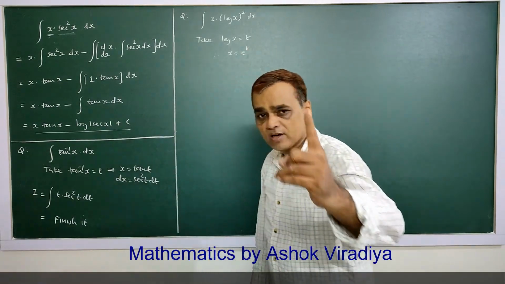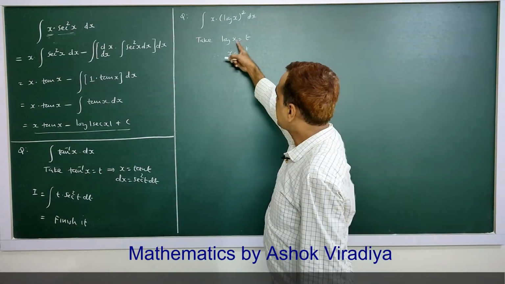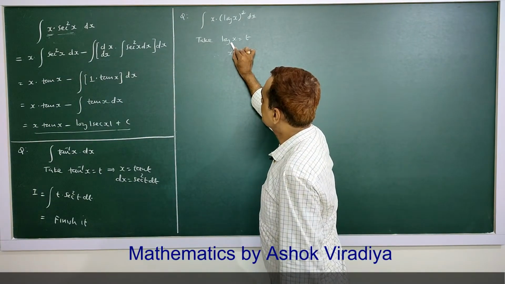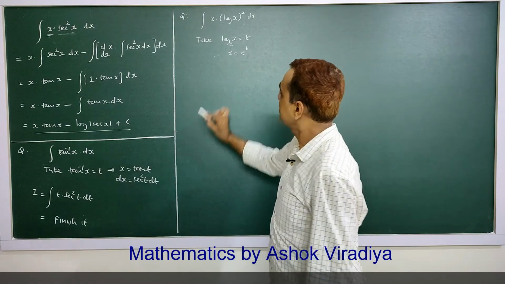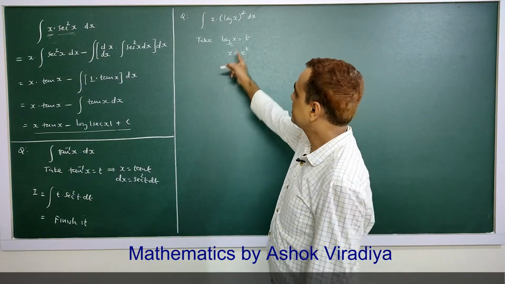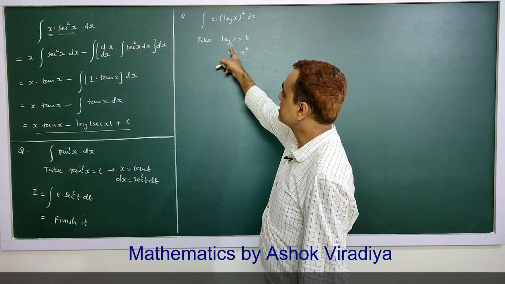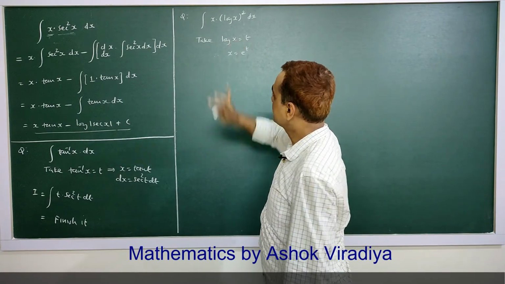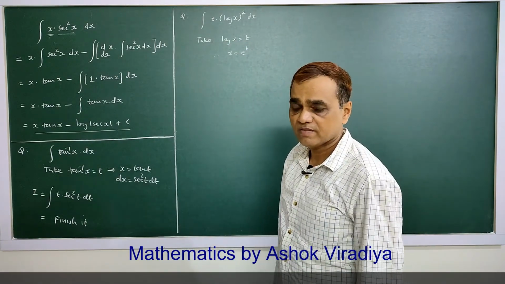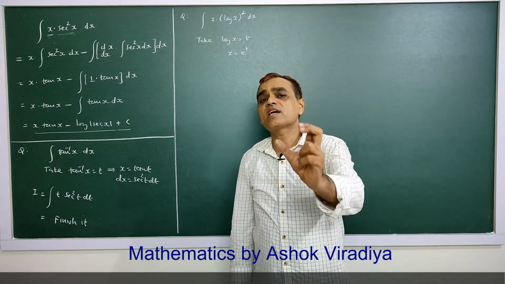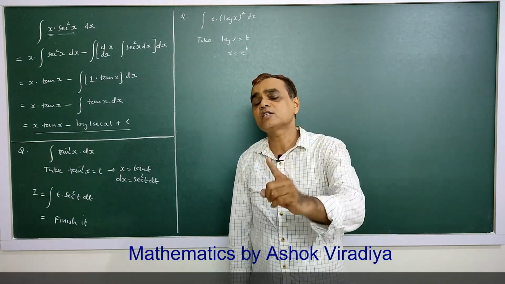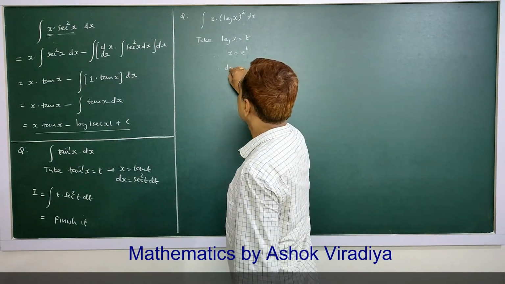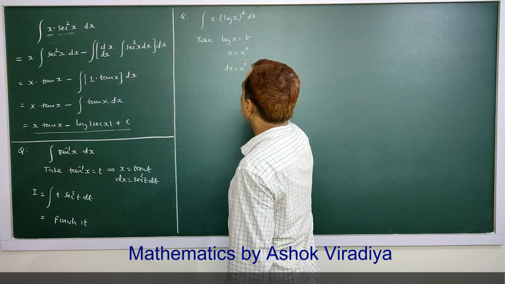Remember, whenever you take log x equal to t, take x equal to e raised to t, because here the base is not visible, so it is considered as e. When it is not mentioned, it is the natural base. So dx equals e raised to t dt.